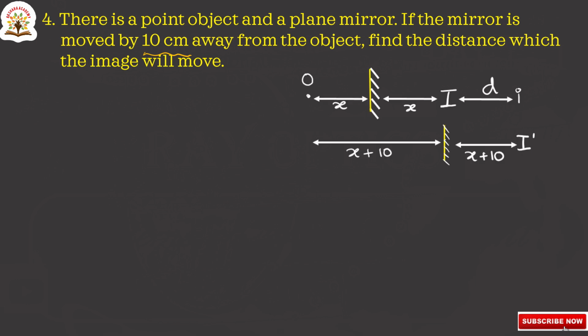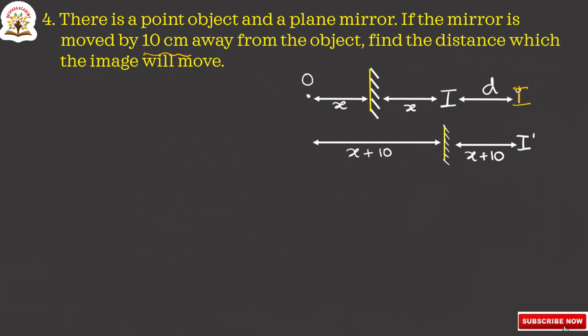See the picture here, it is the point object O, and we are taking the mirror at a distance of x, and this is the image. Here we are taking the image distance from the mirror to this image as x, and the total distance is x plus x. Here this is I and it is I dash.